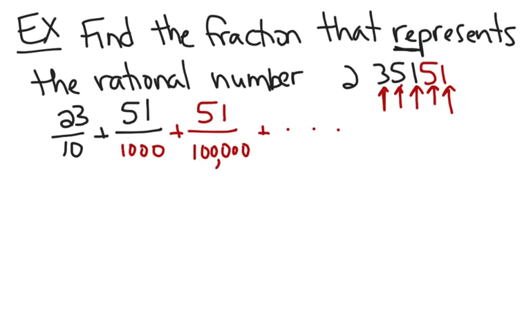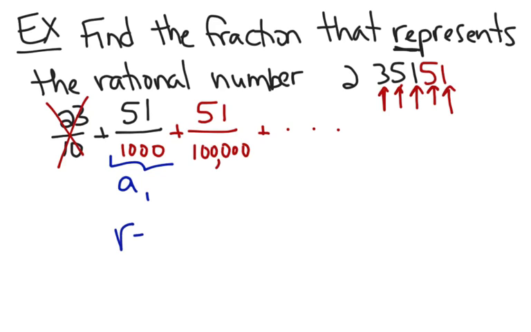And this ends up being a repeating decimal. So the first term, we're not going to worry about this part right now. That'll come back in a few minutes. The first term of the part that's actually in the infinite geometric series is the 51/1000.